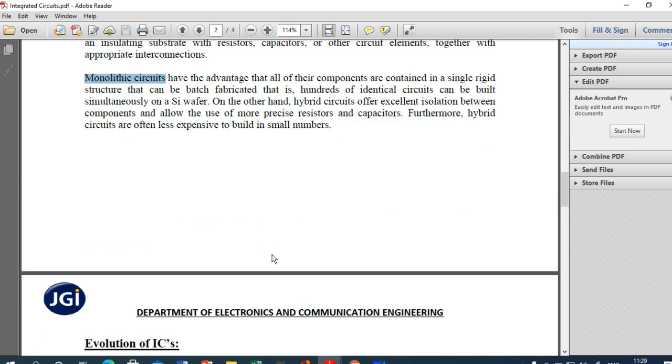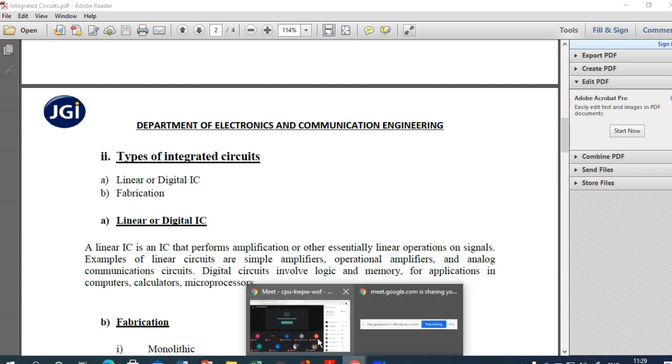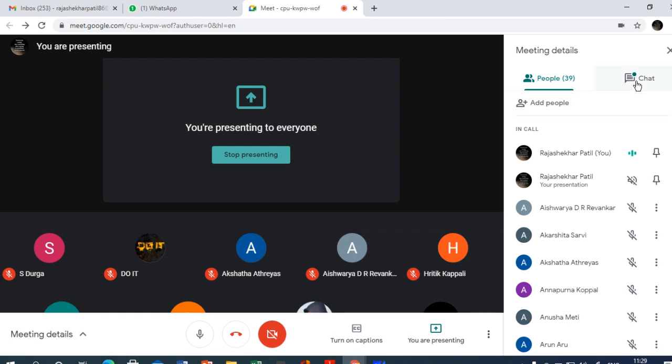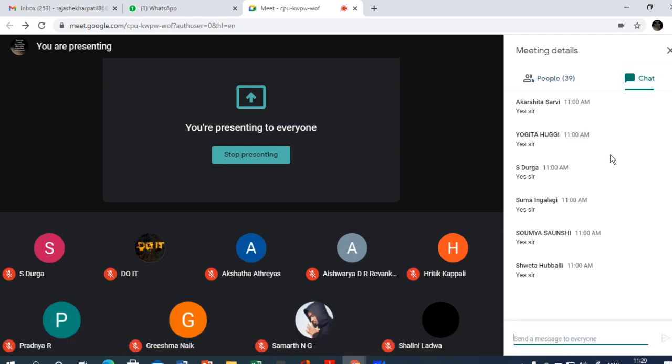So this is about the types of integrated circuits. I hope it is clear for everyone. If yes, just put a message in the chat box as yes. If you want me to repeat a particular part, I will do that.